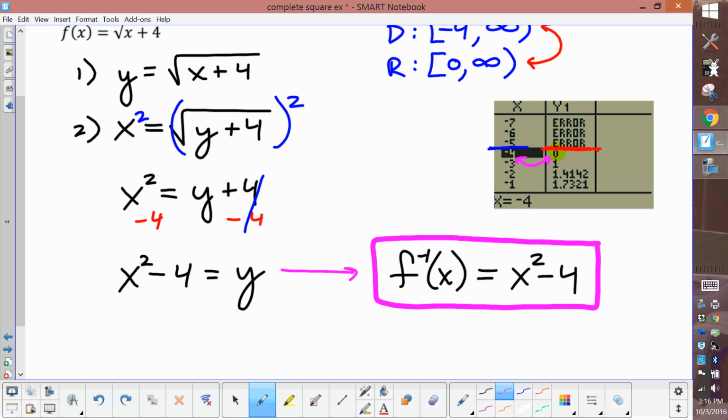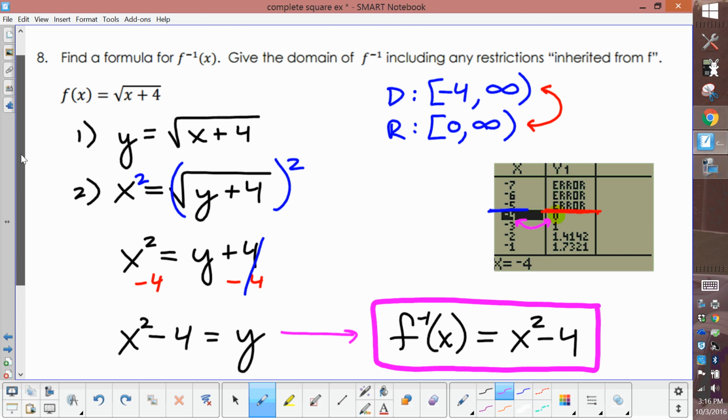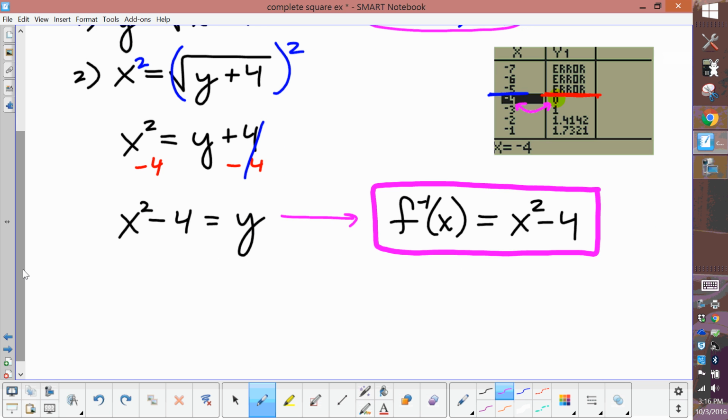Okay, so domain and range. Since my original range and domain were up here, and they're going to flip-flop, this is now going to be my domain, and the top one is going to be my range, inherited from f. So if I looked at this and you said, what is the domain? I would say all real numbers.